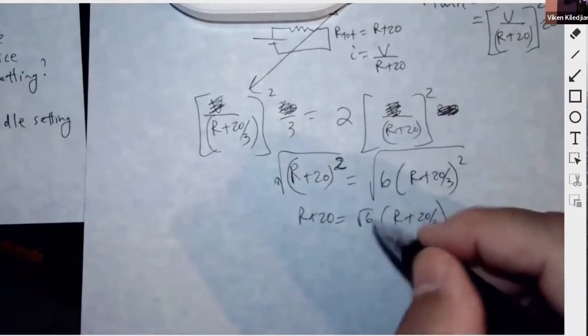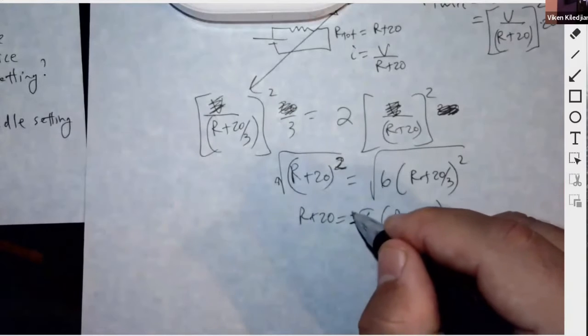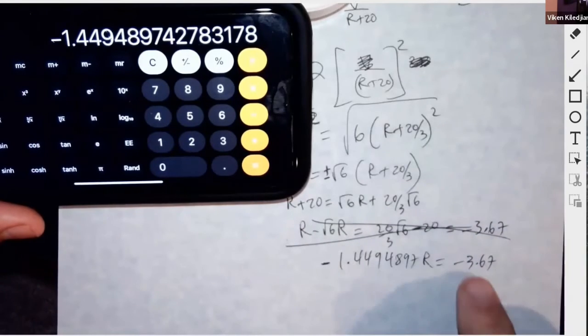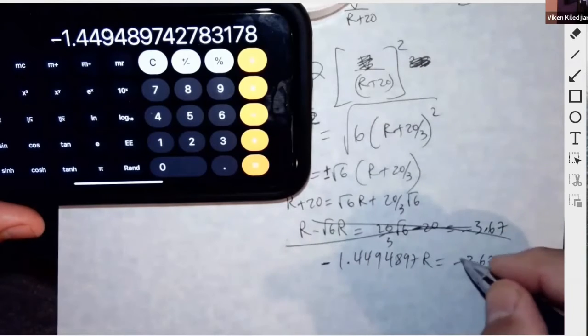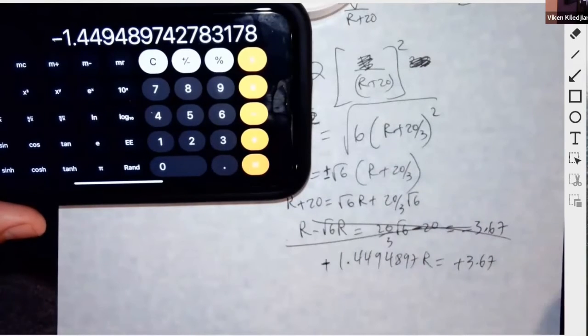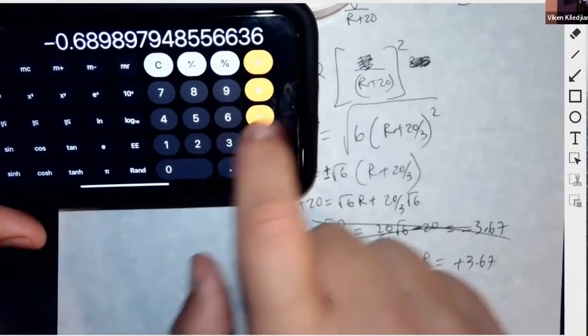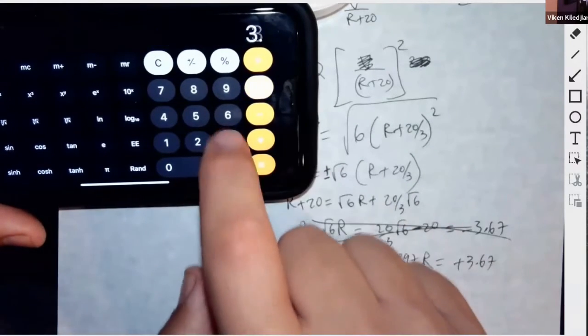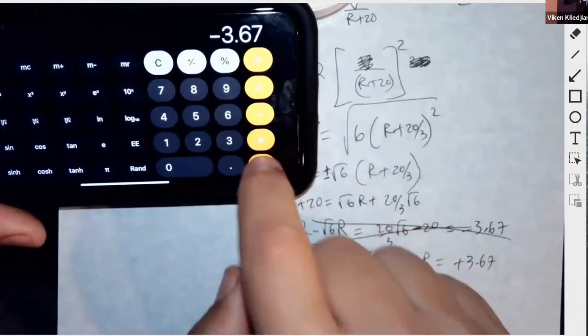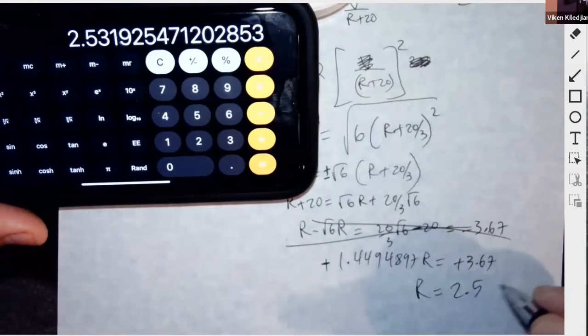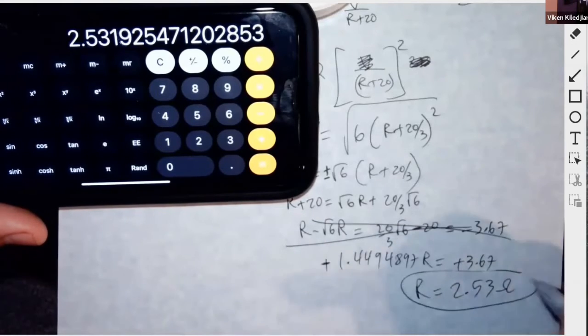But you know what? We might as well write it. Plus negative 3.67. No, I'm okay. Then just do two negatives cancel. So invert this times 3.67 negative. Okay, R should be 2.53 ohms.